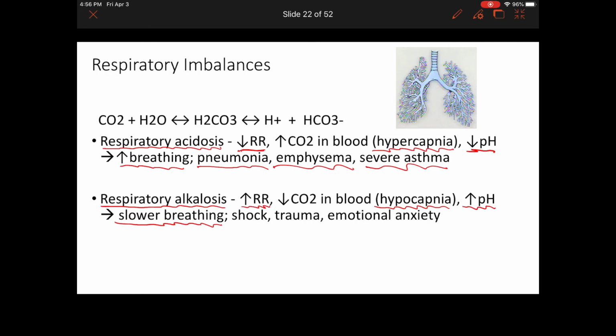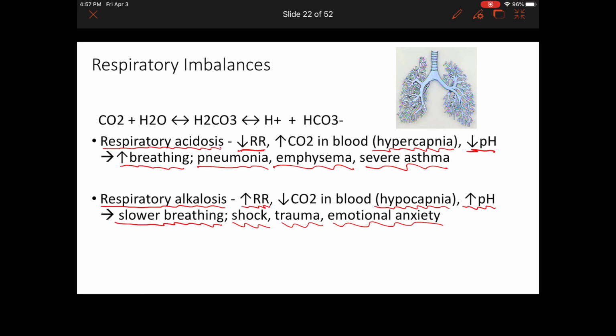And hopefully that will bring those levels of CO2 back up. Conditions that can cause respiratory alkalosis are shock, trauma, even emotional anxiety.